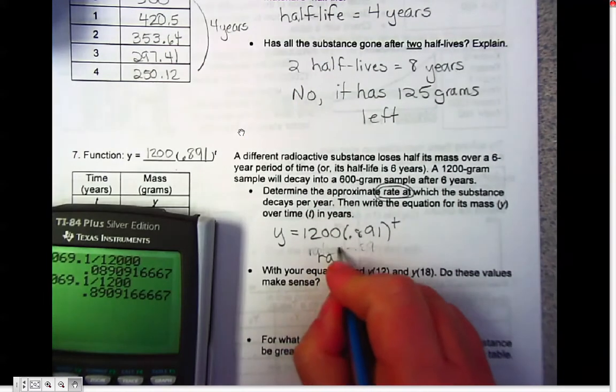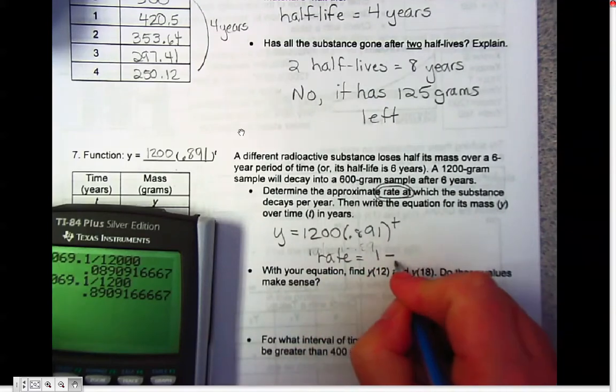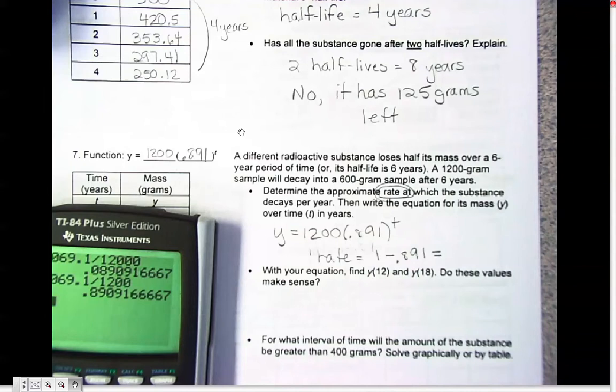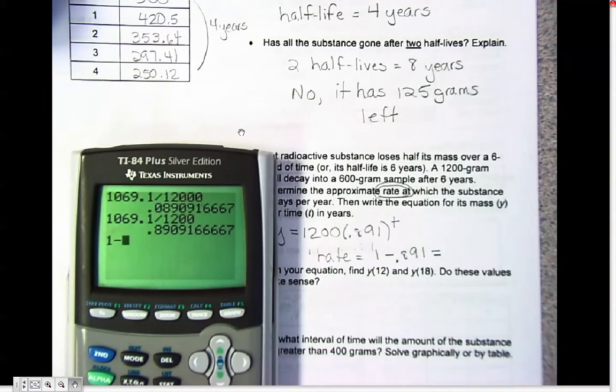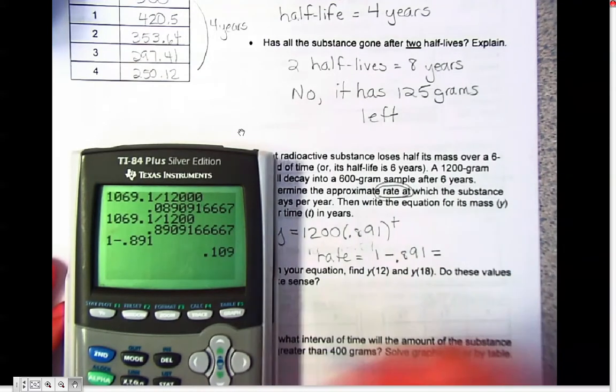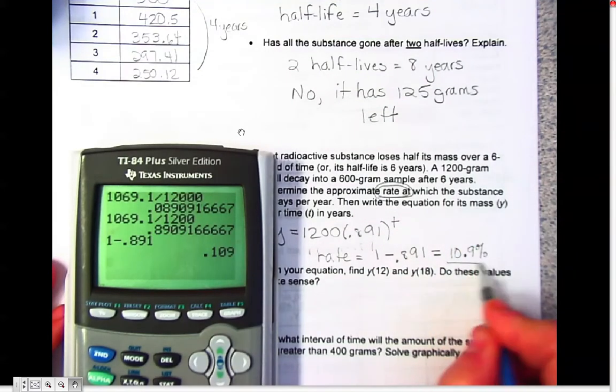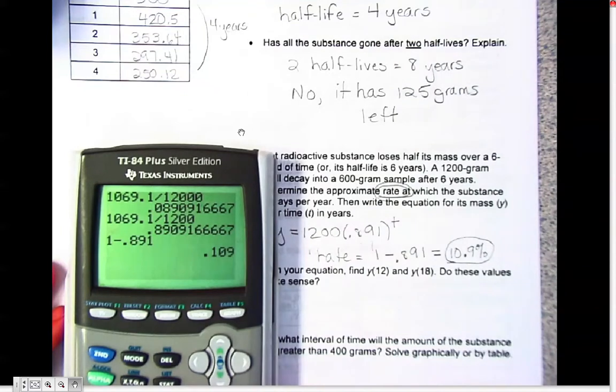The rate equals 1 minus 0.891, and that equals 0.109. If you change that to percent, that would be 10.9%. So that's the rate at which it decays.